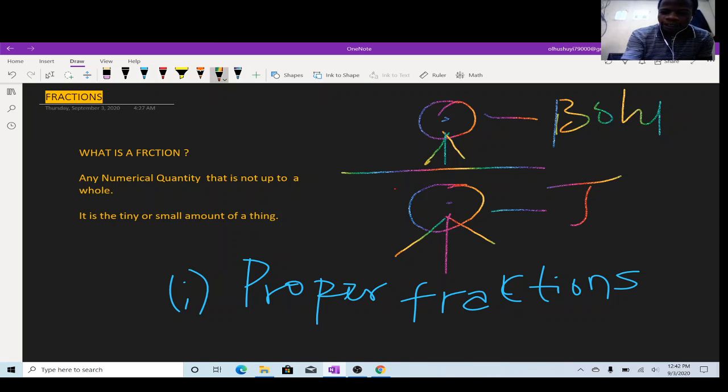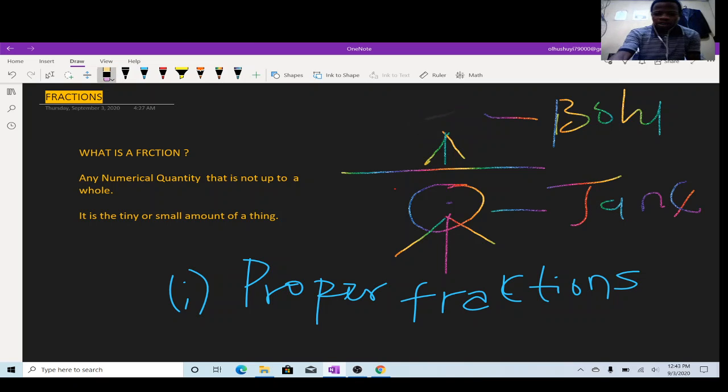This is Jane. With this illustration, I'm trying to tell you that Jane is carrying Bolu. If Jane is carrying Bolu, Jane is bigger than Bolu. So it is a proper arrangement. Which implies that if you have a proper fraction, the bigger one should be beneath. The bigger one should be the denominator, and that gives you a proper fraction.